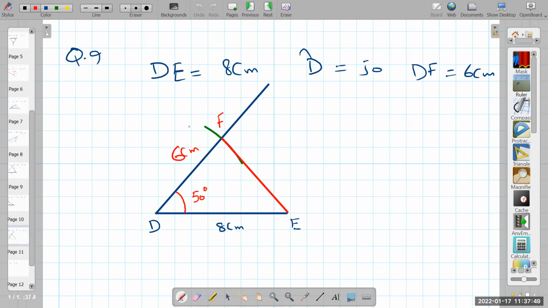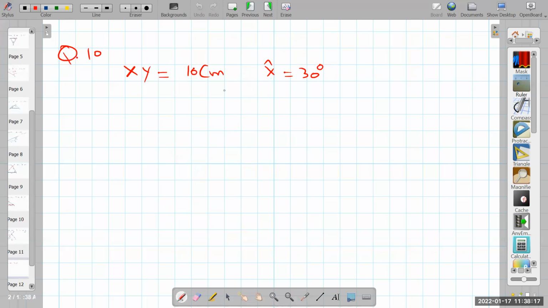In question number 9, DF is equals to 6 centimeters. No, DE, I check. DE 8 centimeters. What is the problem? Why you are killing that?